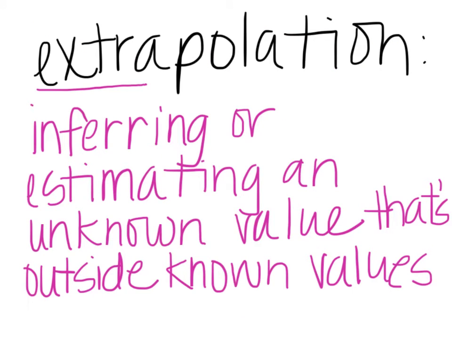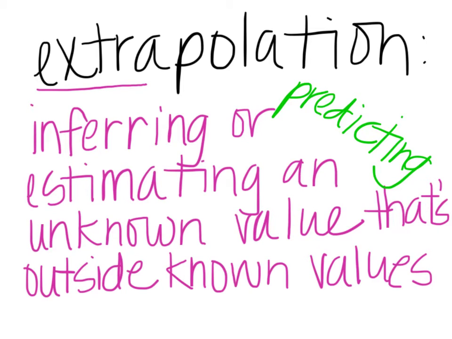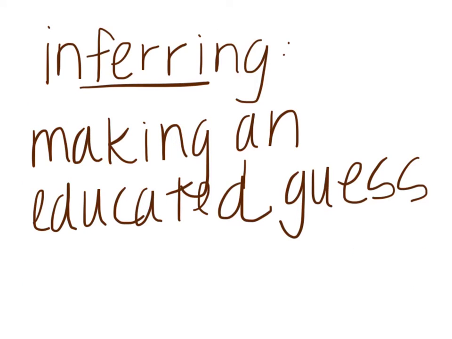And extrapolation, if you extrapolate information, that is inferring or estimating, or we could even say predicting an unknown value that is outside known values. Another vocabulary word, since we've used this in the previous two definitions, inferring, that's making an educated guess.